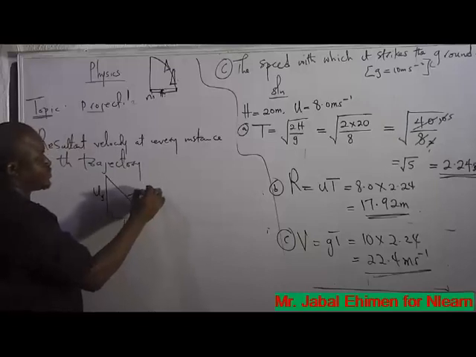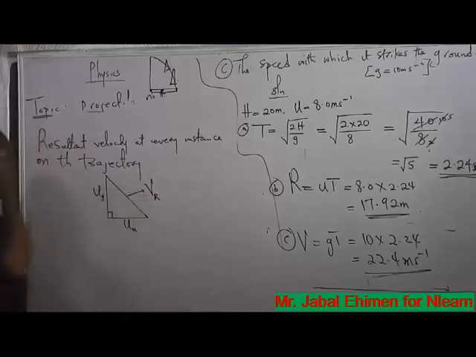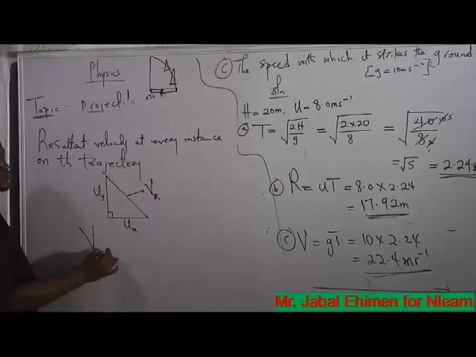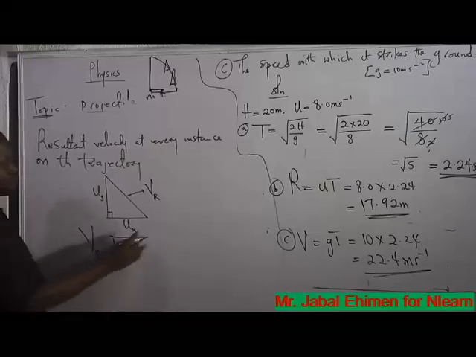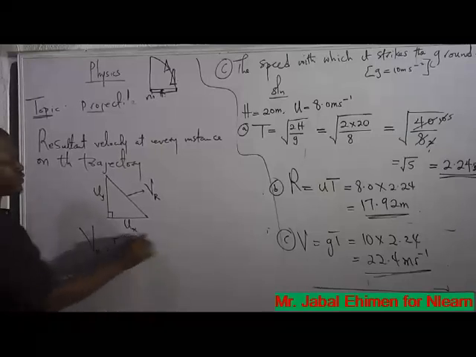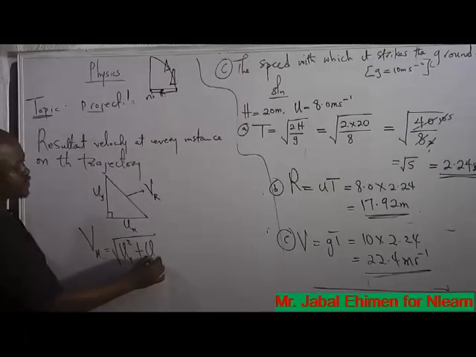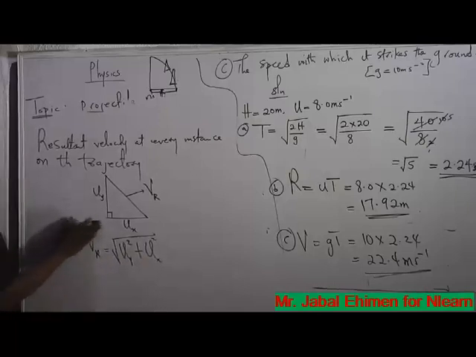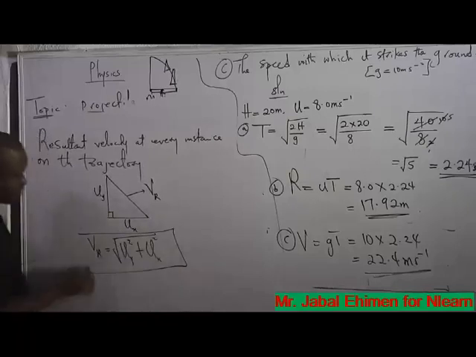The resultant velocity VR is equal to the square root of Uy squared plus Ux squared. That's the resultant velocity. Please take note of that.